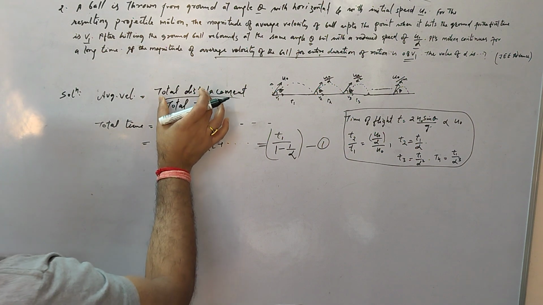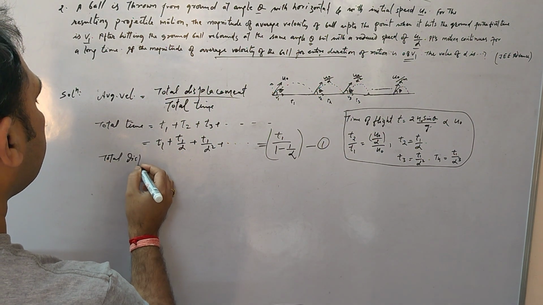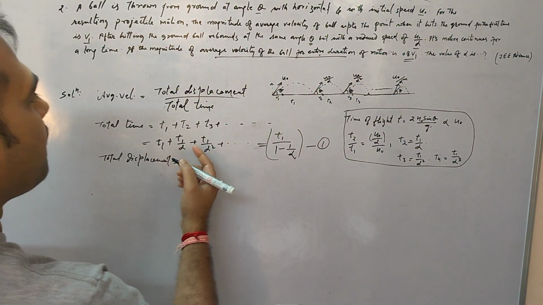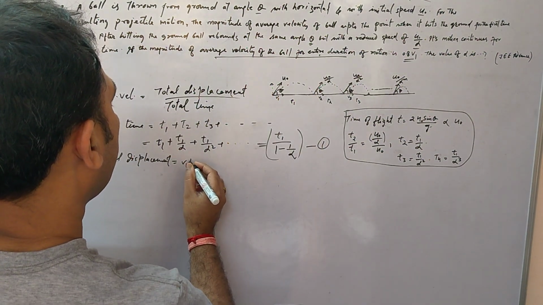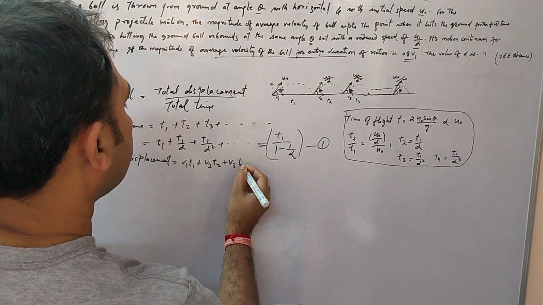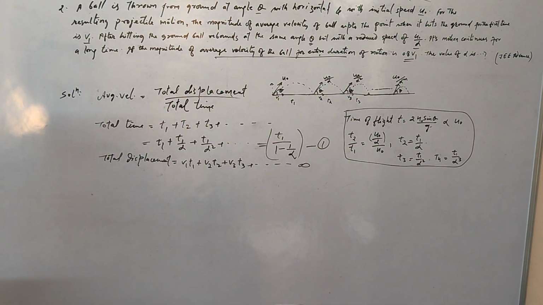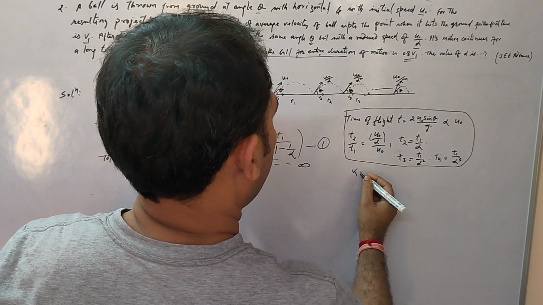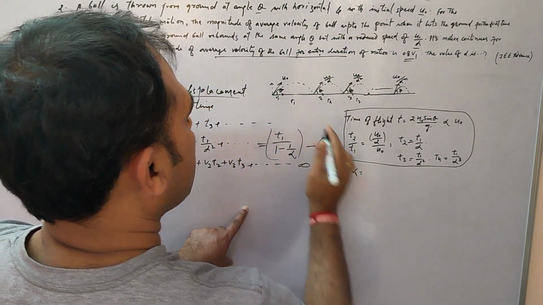Similarly, the total displacement will be v1 into t1 plus v2 t2 plus v3 t3 plus so on up to infinite, and v1 will be equal to u naught sin theta.